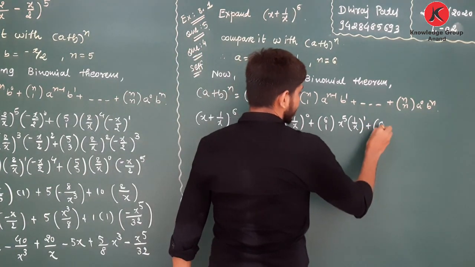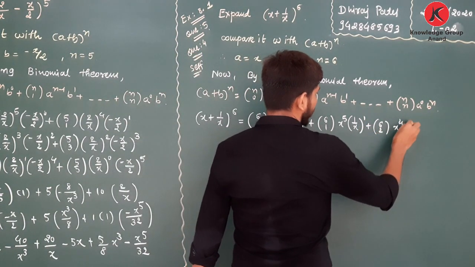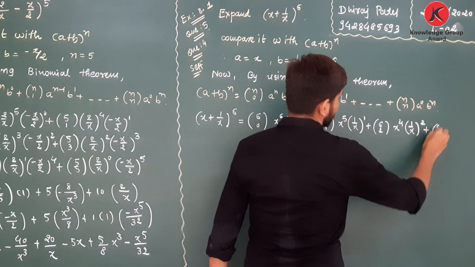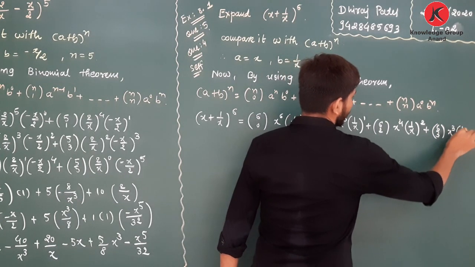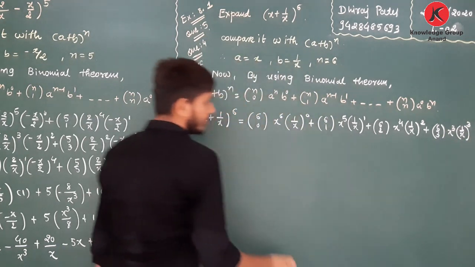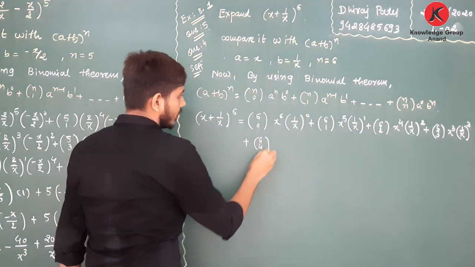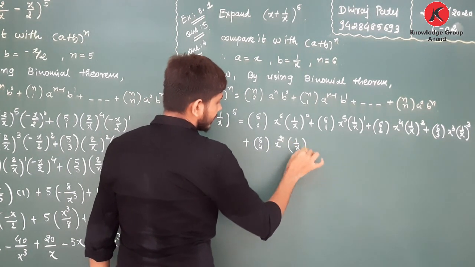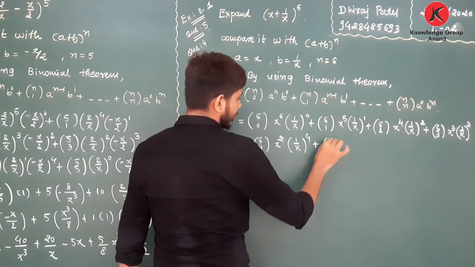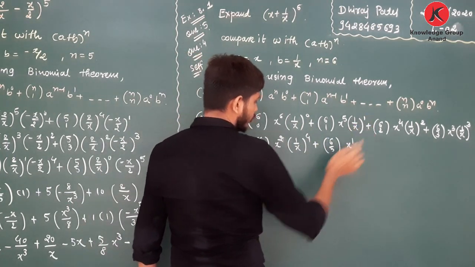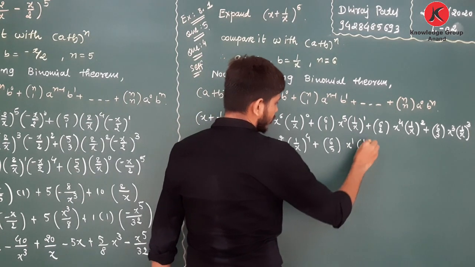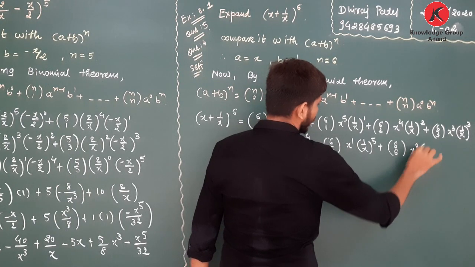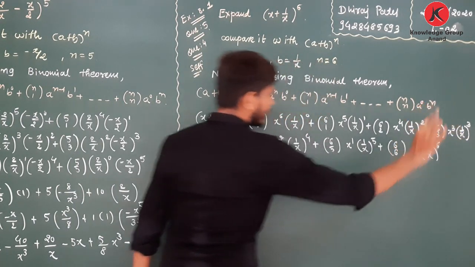Plus 6C2 x raised to 4 into 1 upon x raised to 2 plus 6C3 x raised to 3 into 1 upon x raised to 3 plus 6C4 x raised to 2 into 1 upon x raised to 4 plus 6C5 x raised to 1 into 1 upon x raised to 5, and the last term 6C6 x raised to 0 into 1 upon x raised to 6 here.